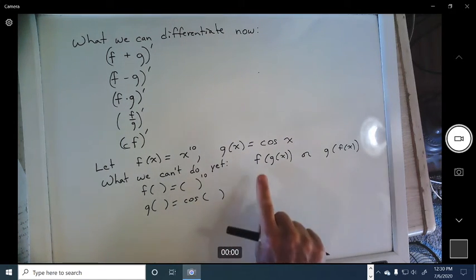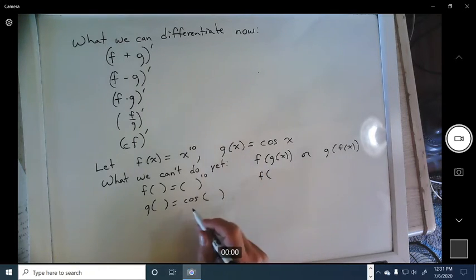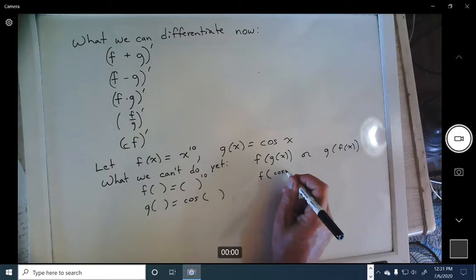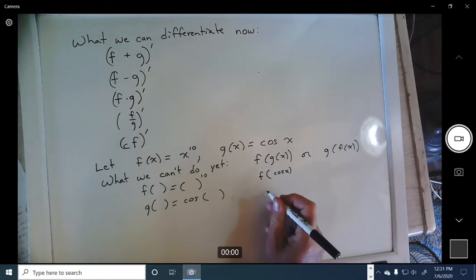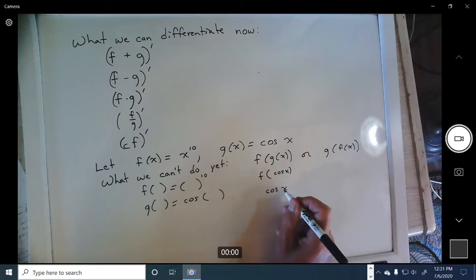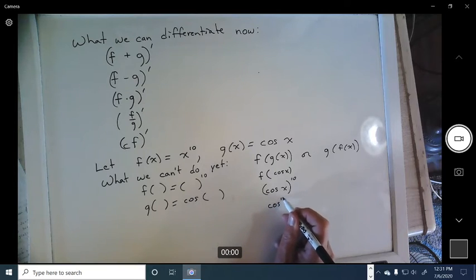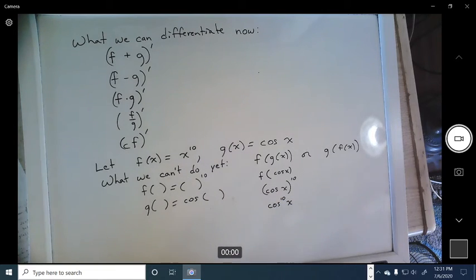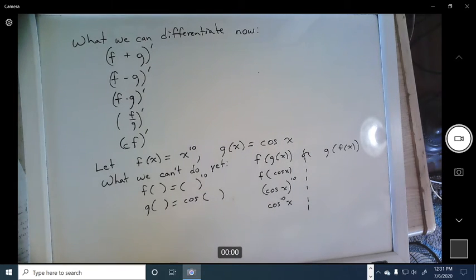So if I did f of g of x, it would really replace the g of x with cosine x, and then substitute cosine x in here. So it's cosine of x to the 10th power. And we have a shortcut way of writing that like this. So that's what this one would look like.